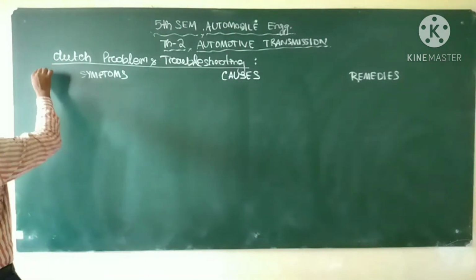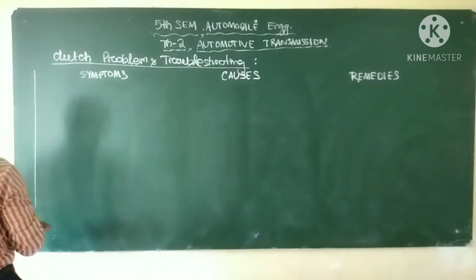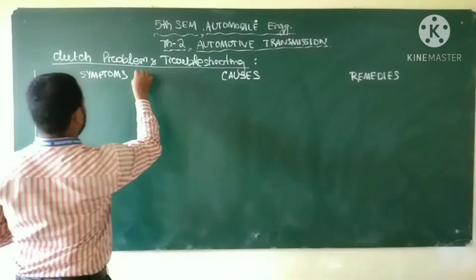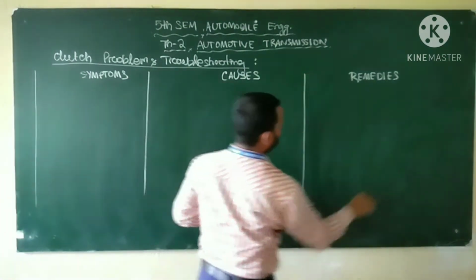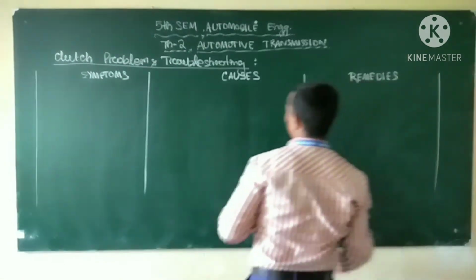The symptoms column is smaller, and the causes and remedies columns are bigger.